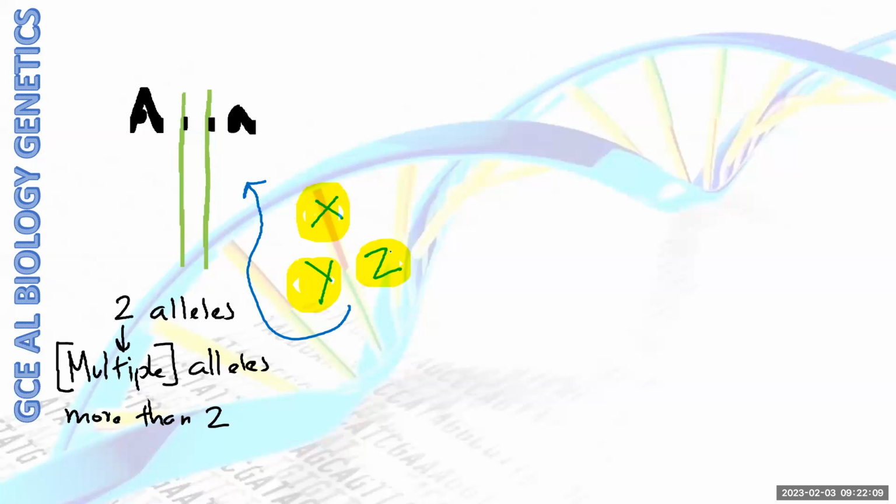How can we understand this much better? Let's assume there is a chromosome in a human cell, 23 pairs. Let's say chromosome number 6. From 1 to 23, chromosome number 6 is this.